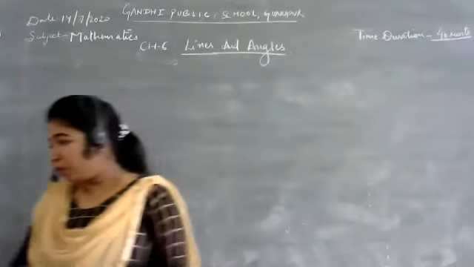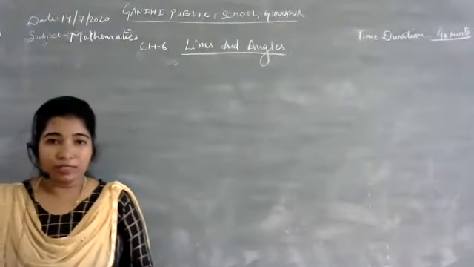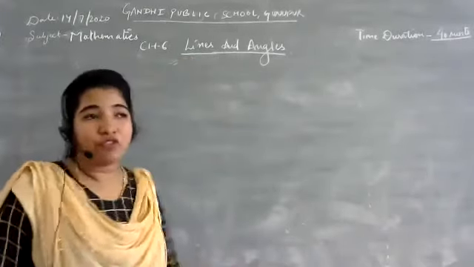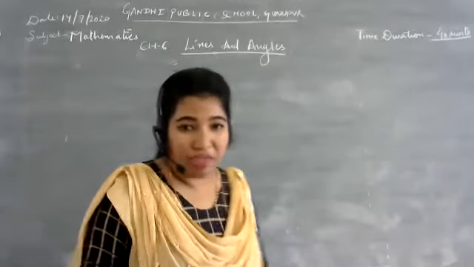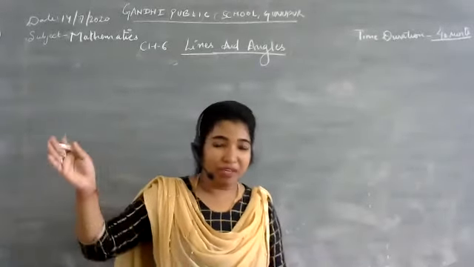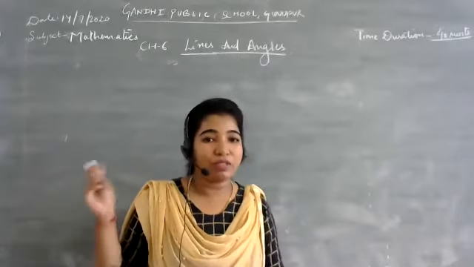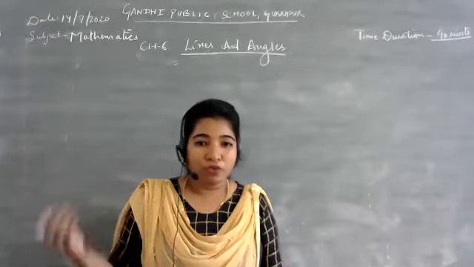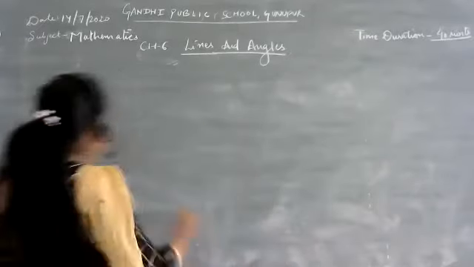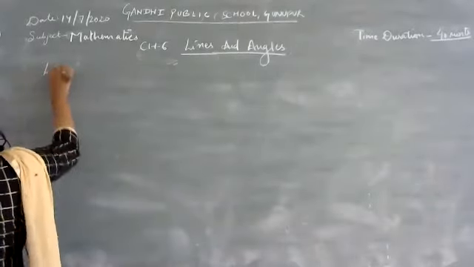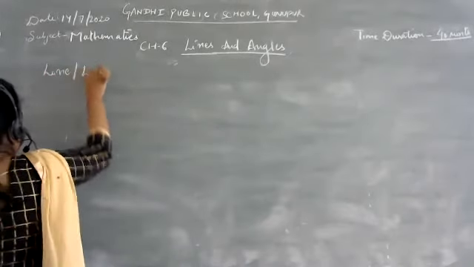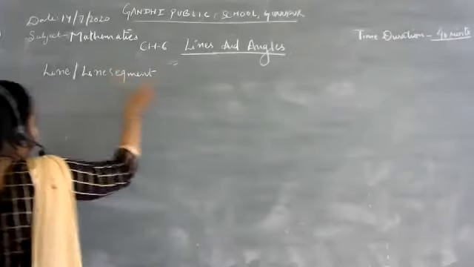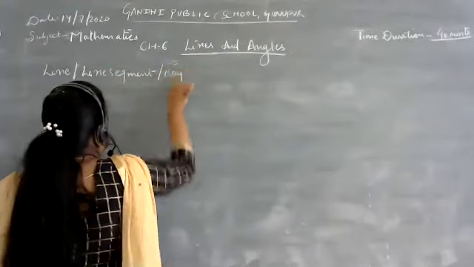So let's start with the first concept, that is lines. In this chapter also, Euclid has given some definitions. We will not go through those definitions, but I will introduce some definitions of line segment and ray, which we are going to use further.